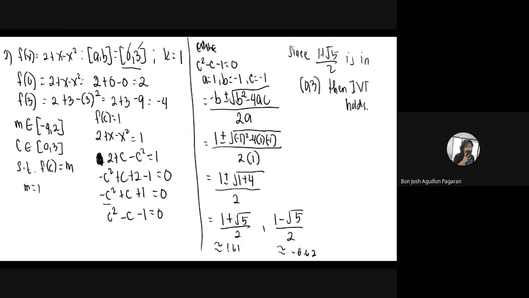Okay, I want you to try number 3. So that's f of x is equal to x squared plus 5x minus 6. Our AB here will be equal to negative 1, 2, and our k is equal to 4. You verify if the intermediate value theorem holds for the function x squared plus 5x minus 6 at a closed interval negative 1, 2 when k is equal to 4. Go.